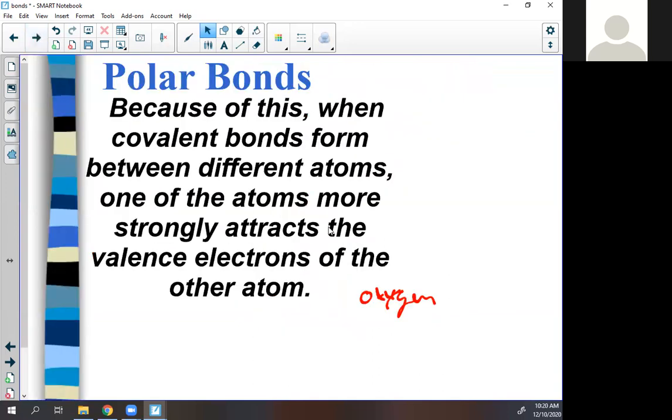Because of this, when covalent bonds form between two different atoms, one of the atoms more strongly attracts the valence electrons of the other atom. So what we commonly draw when we talk about polar substances is water.